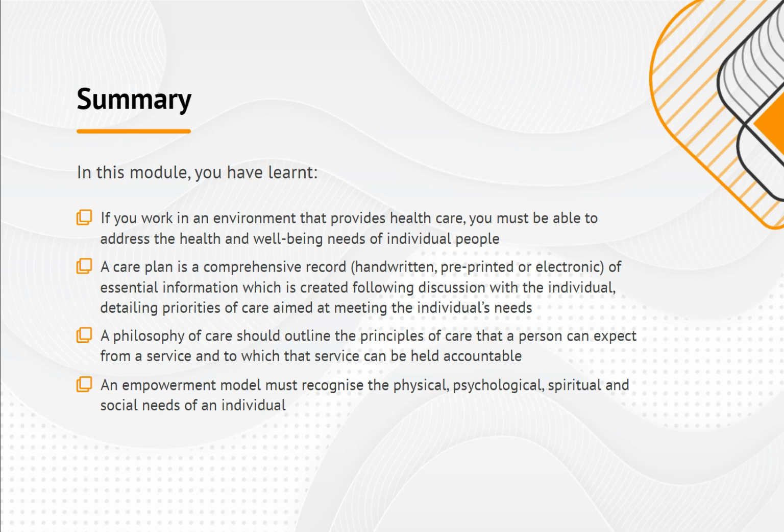A philosophy of care should outline the principles of care that a person can expect from a service, and to which that service can be held accountable. An empowerment model must recognize the physical, psychological, spiritual and social needs of an individual.